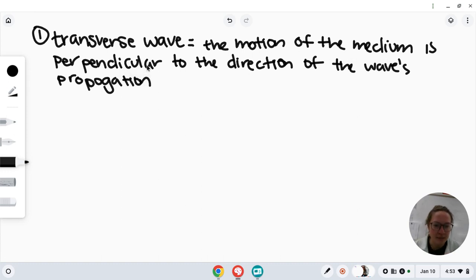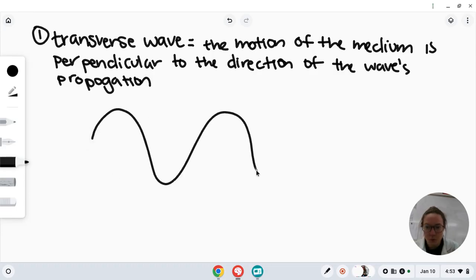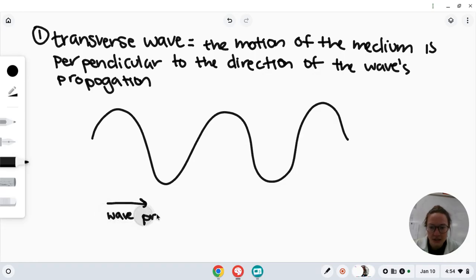Here's what that means. I'll draw you a little picture here. This is a transverse wave. We say that if the wave is going this way, I'm going to say that this way is the direction of the wave propagation.